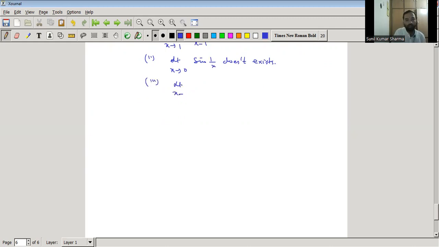The limit as x goes to c of 1 upon x minus c does not exist. Okay. One more example.